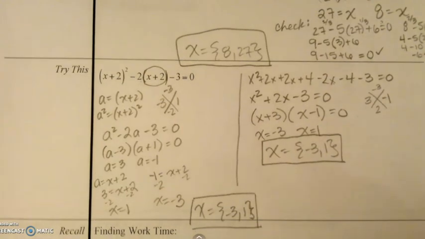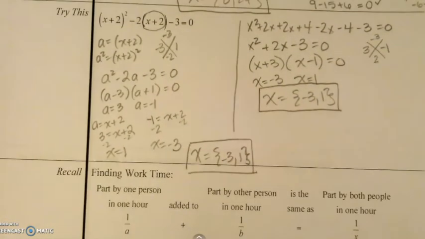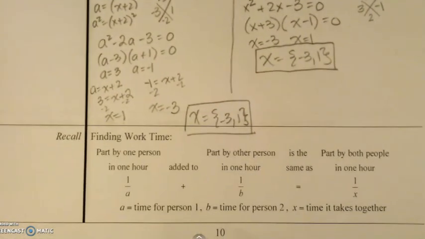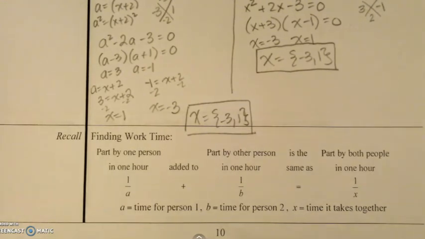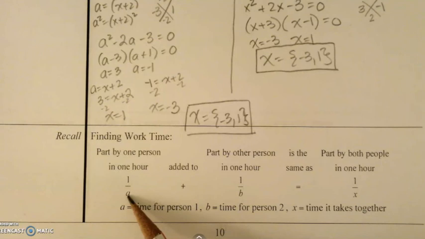Okay? The last topic of this section is word problems. It's applying what we know. So again, we're going to look at finding work time. Remember, we've done this before. The way we did it before is, if person 1 takes A hours to complete a job, then that person can complete 1 over A of the job in 1 hour.